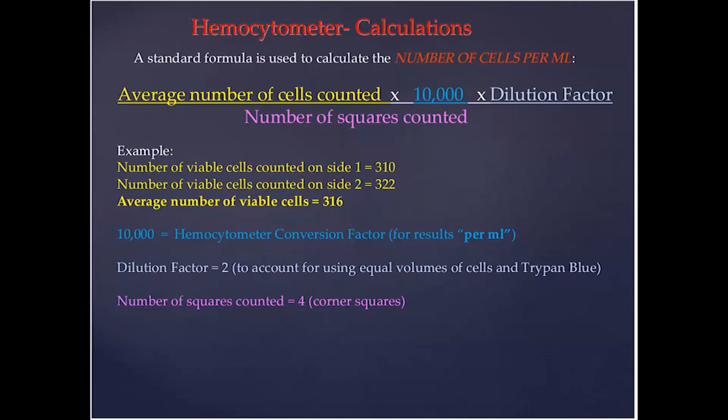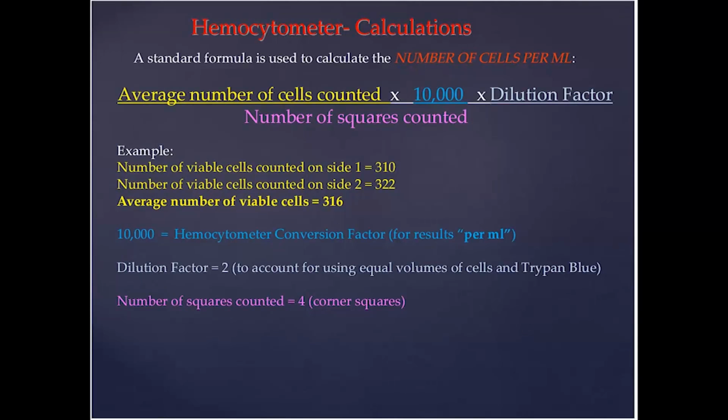If the counts are within 10% of one another, then you average by adding the 2 up and dividing by 2. In this case, we have an average count of 316 cells. The next part of the formula is you have to multiply times 10,000. 10,000 is the hemocytometer conversion factor, because when we're performing a count, we're actually counting only 0.1 microliters when we're counting 1 small square.